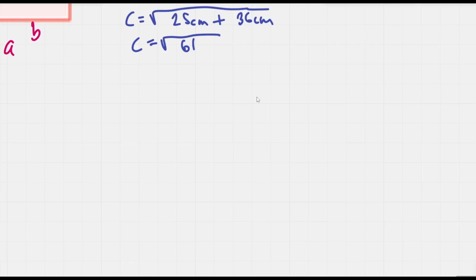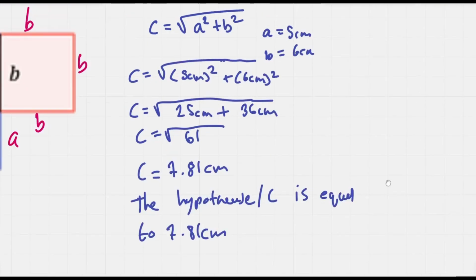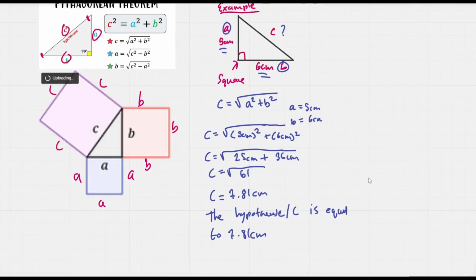But if we take the square root of 61, we get an answer of C is equal to 7.81 centimeters. So therefore, we can state that the hypotenuse C is equal to 7.81 centimeters. That's about it for the Pythagorean theorem.